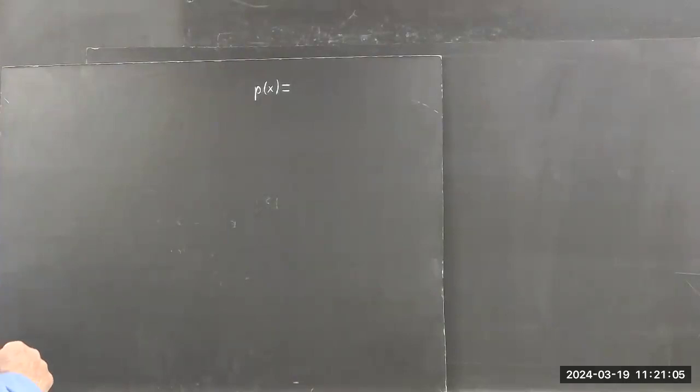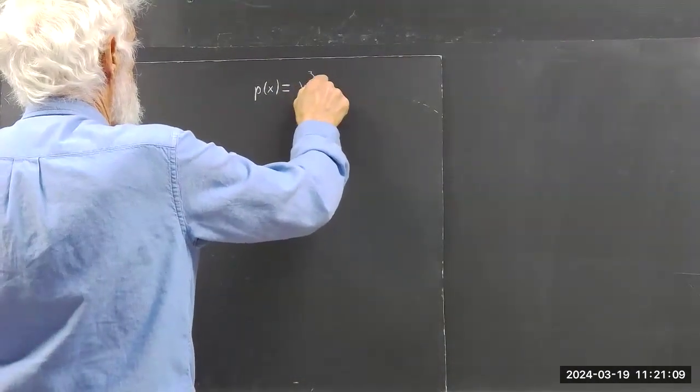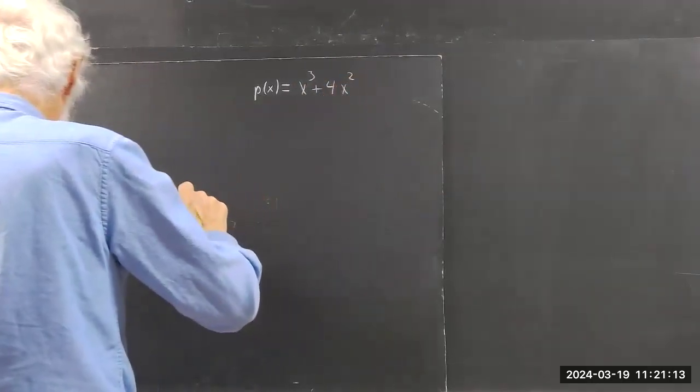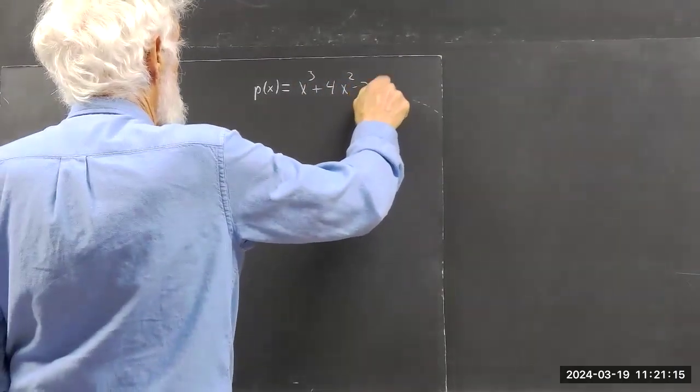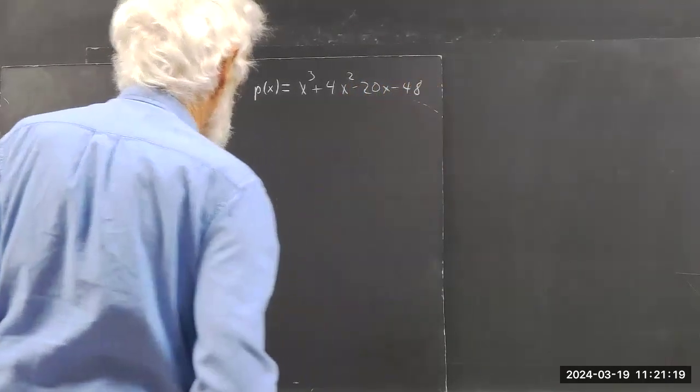p of x equals x cubed plus 4x squared minus 20x minus 48.